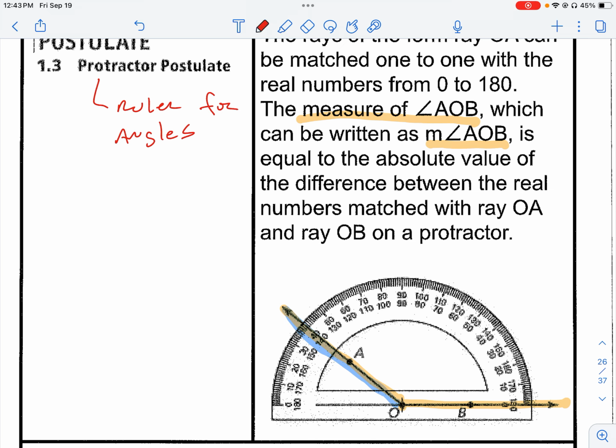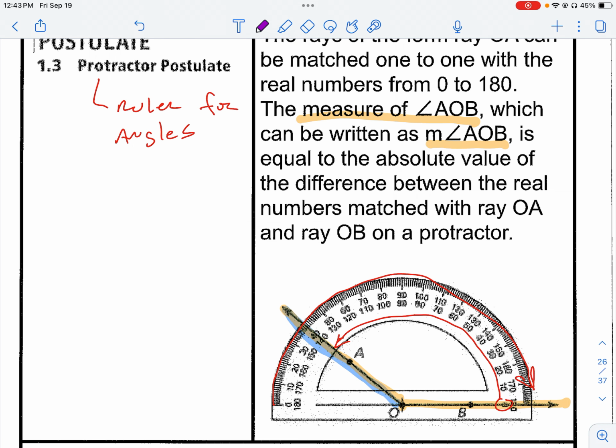So here it's at 0. The 0 is on the inside, so we're going to measure on the inside to 140 degrees. We put the ray on 0 and measure either on the inside or on the outside going this way. We're not going to use both. It's either or.